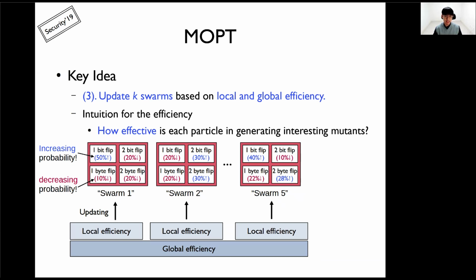And by calculating these efficiencies, each particle, which is each probability of a mutation operator, will be updated accordingly. For example, as you can see, the probability of 1-bit flip in the first swarm will be increased, while the probability of 1-byte flip is decreased.